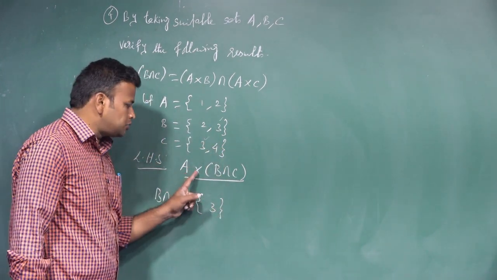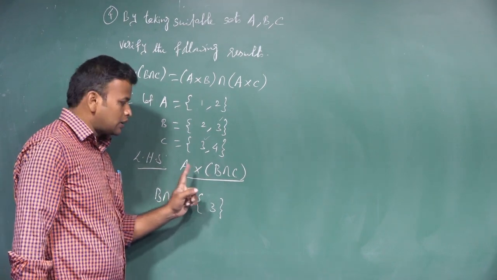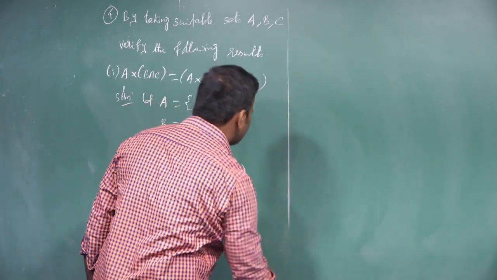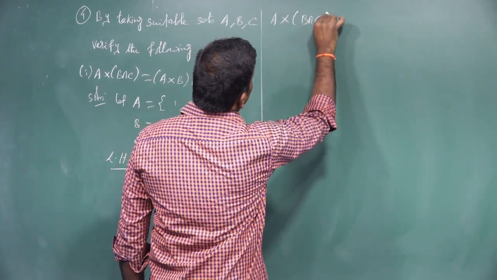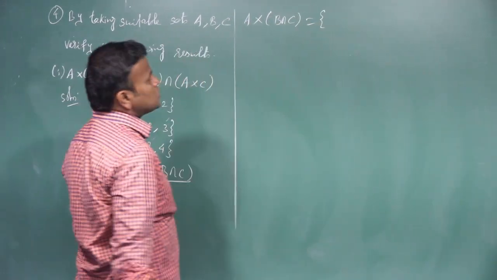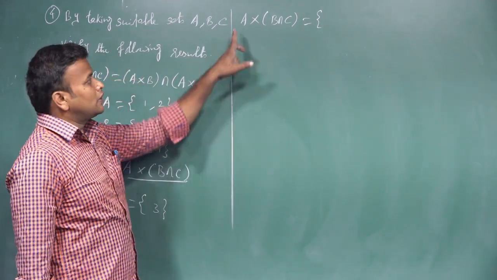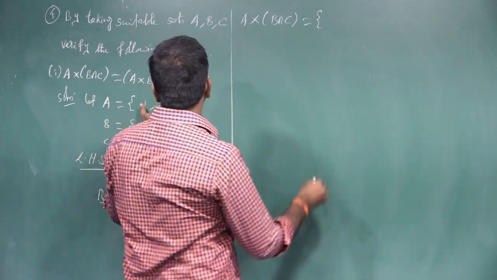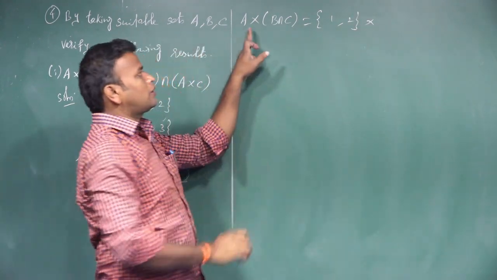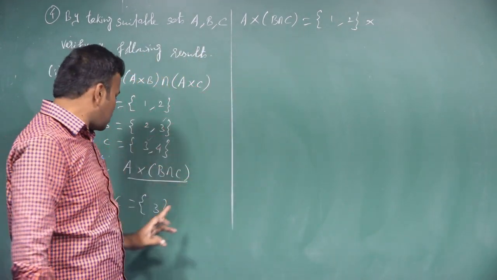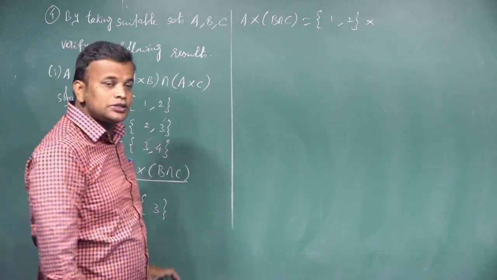Next, we find the Cartesian product of these two sets, A cross (B intersection C). For understanding, I write both the sets. The value of A is 1, 2, cross B intersection C, whose value is just 3.